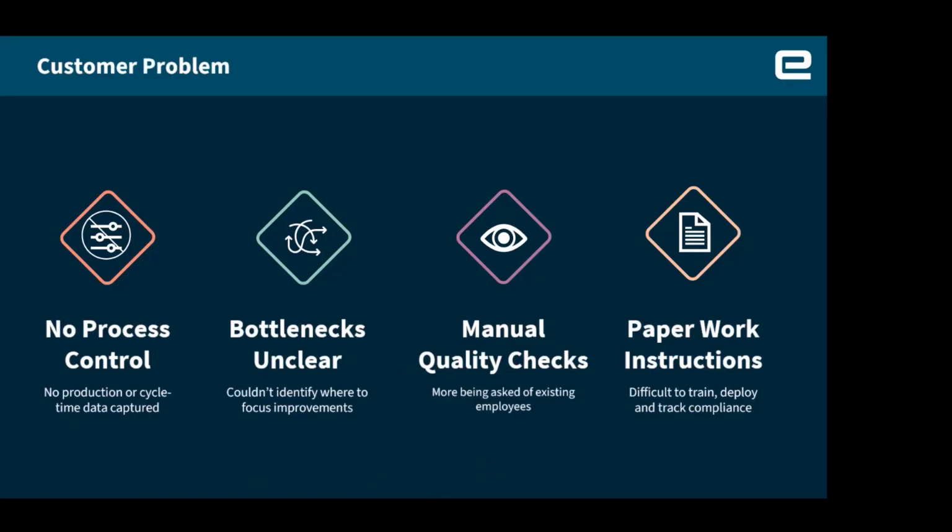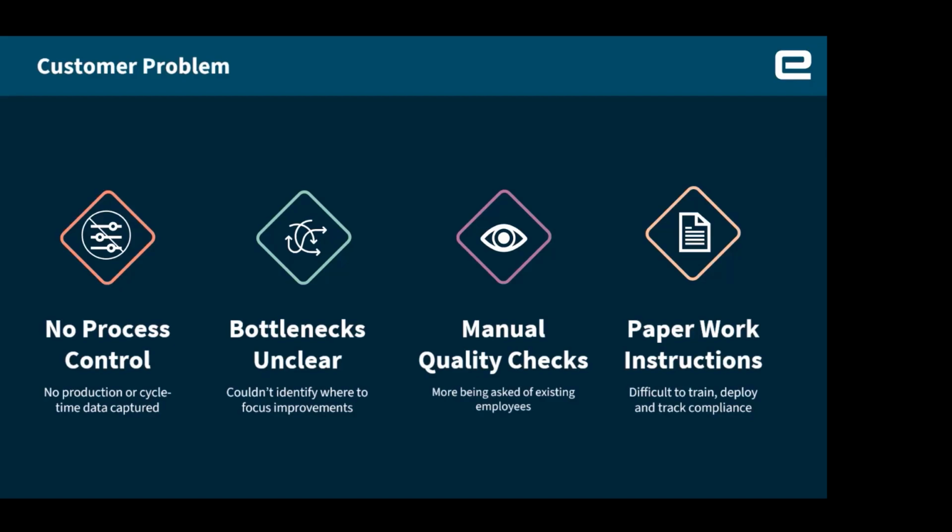The customer problem that they really had when they first came to us is they didn't have any process control. The bottlenecks were unclear. So how do you know where to make improvements if you don't have that data? They were doing a lot of manual work, a lot of manual quality checks, and you all can picture it with the signatures and then losing this paper or misplacing it, or maybe those signatures didn't take place or weren't legible.